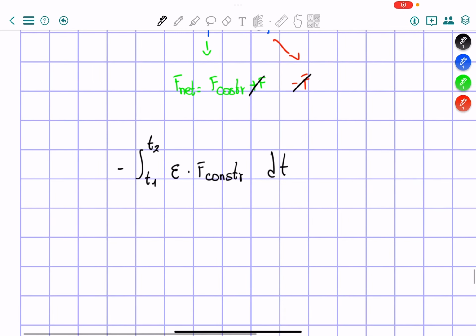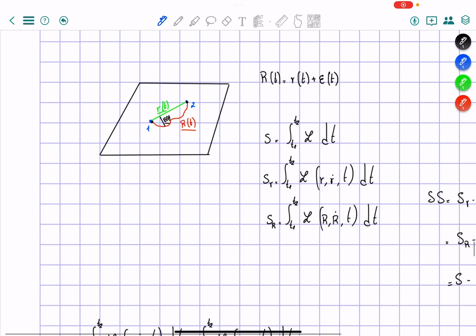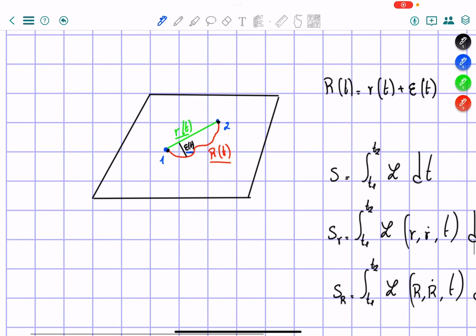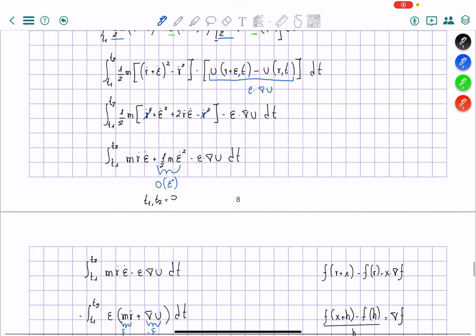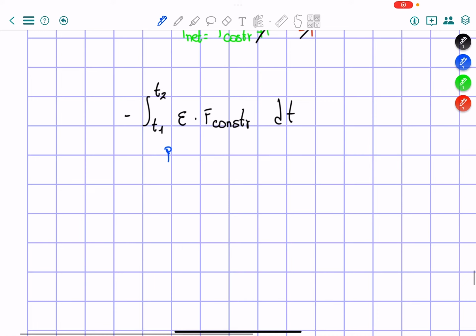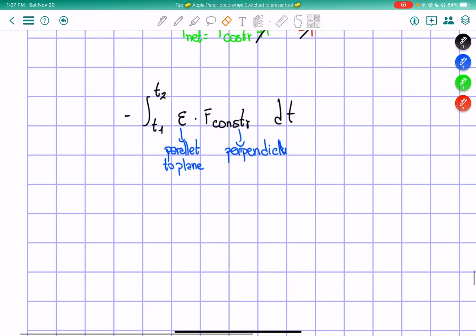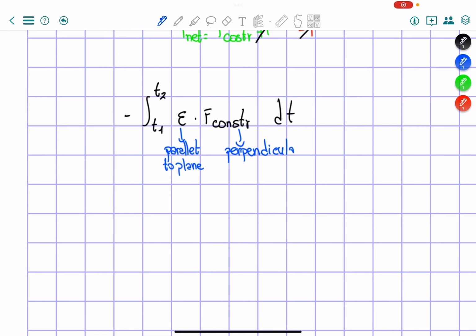Now, one thing that you can notice is that these two forces are actually perpendicular to each other, because if we go back, our epsilon vector is going to be parallel to the plane, while instead our normal force is going to be perpendicular to the plane.